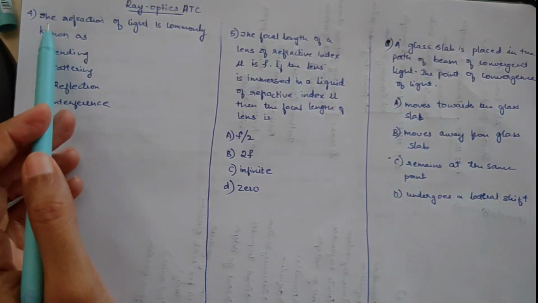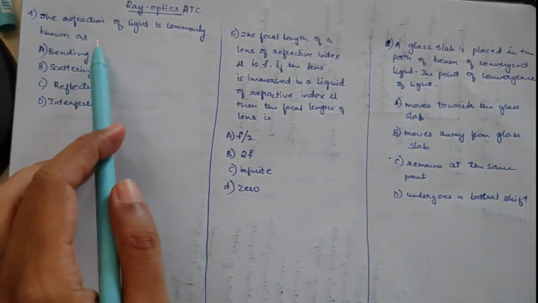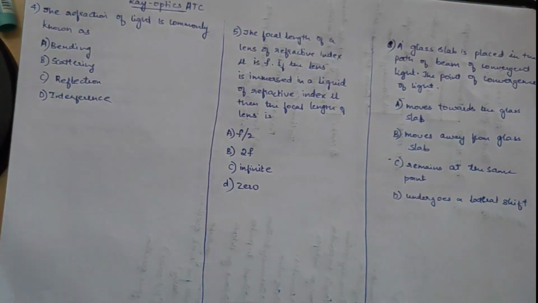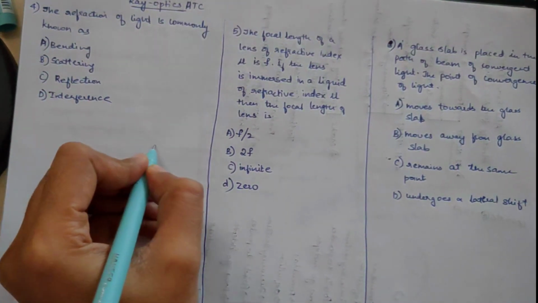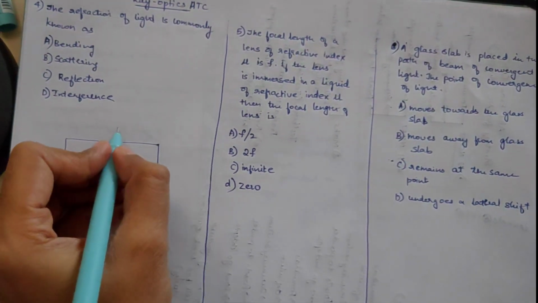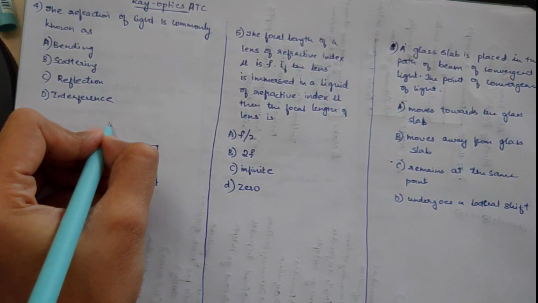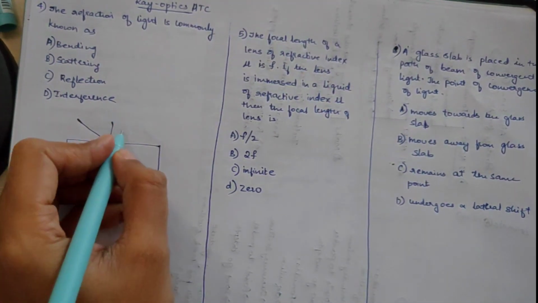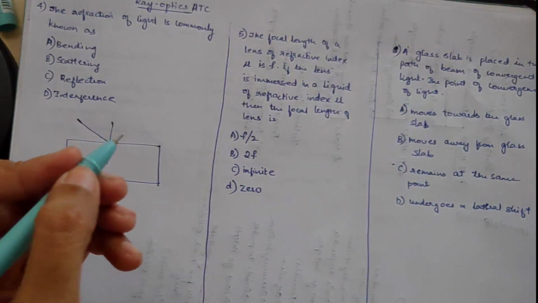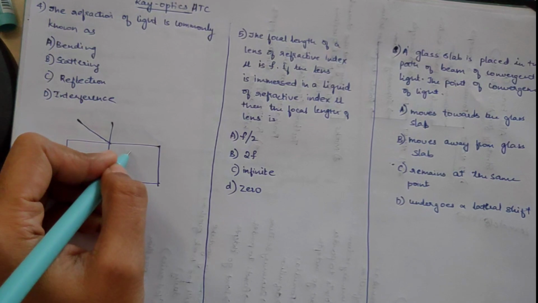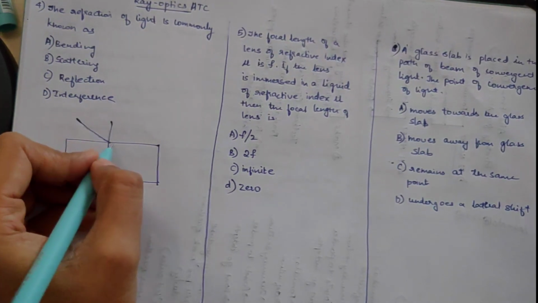Okay. Next question. The refraction of light is commonly known as, what is it known as? I'll first tell you what is refraction. Now think there's a glass slab, and then you have a normal. Now a ray of light will pass like this based on which medium it is going. If it's moving from a rarer medium to denser medium or denser medium to a rarer medium, there is bending towards or away from the normal. So think there is a refraction.